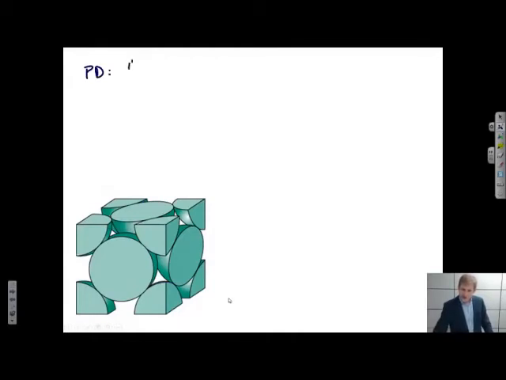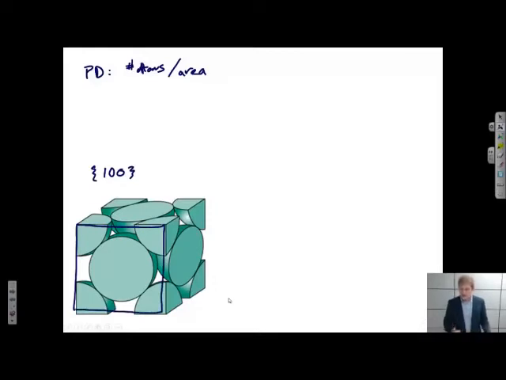Planar density is the number of atoms per unit area. So now I'm talking about a plane. I care about the number of atoms per area that I've drawn. So let's look at the 1, 0, 0 family of planes. One example would be this front face in the cube.